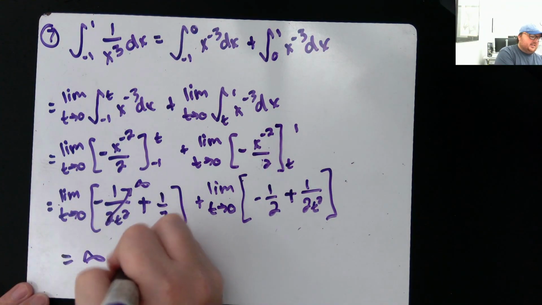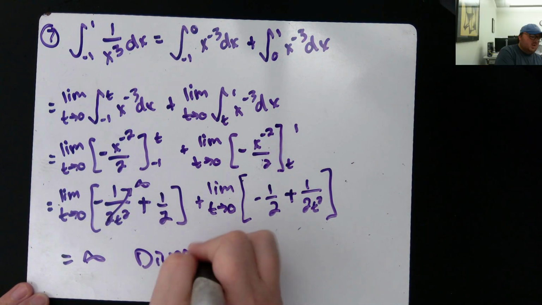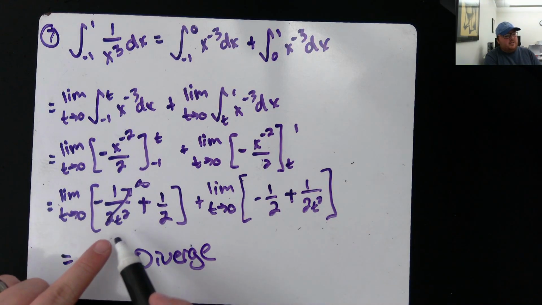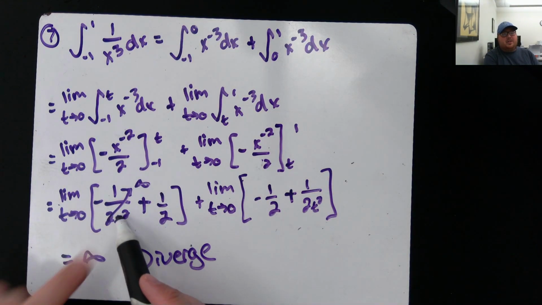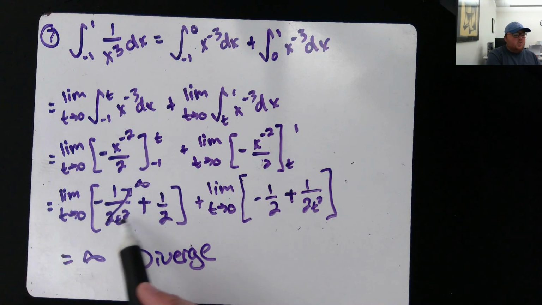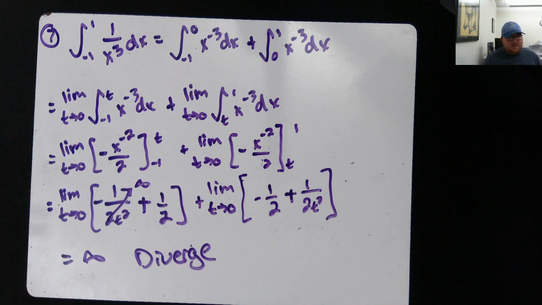This is going to diverge. Once again, 0 in the denominator makes the denominator really small, which makes the whole thing really big. So it's going to diverge. Of course, if any of that doesn't make sense, please let me know.